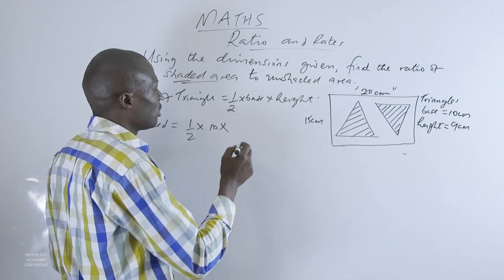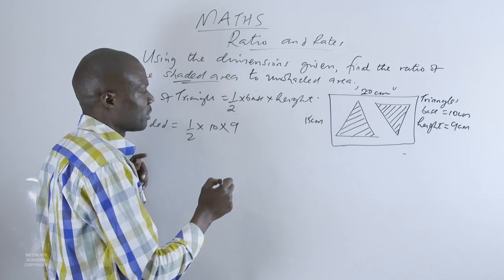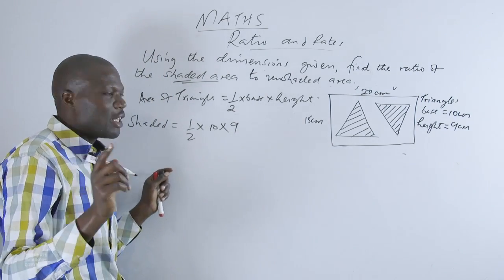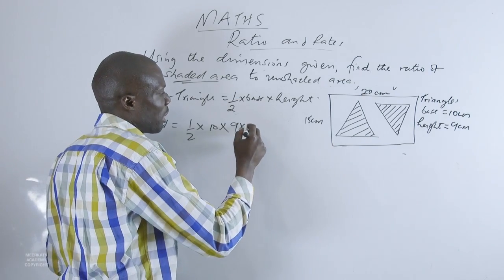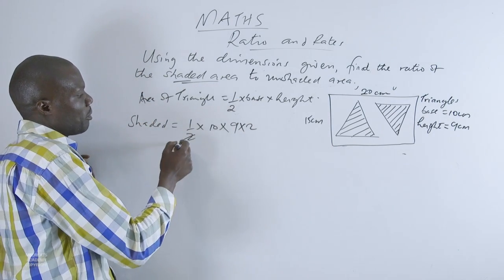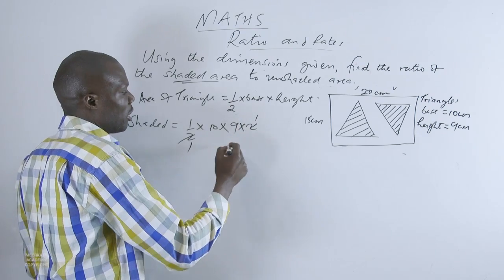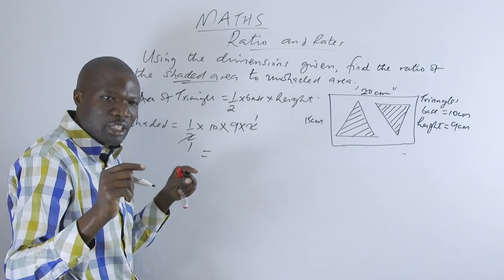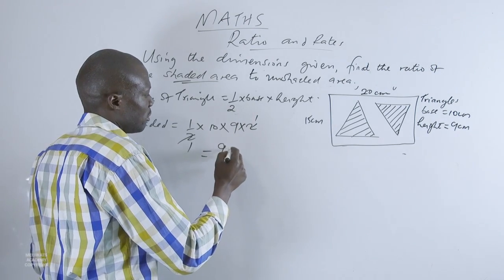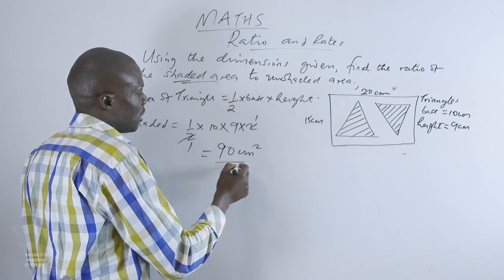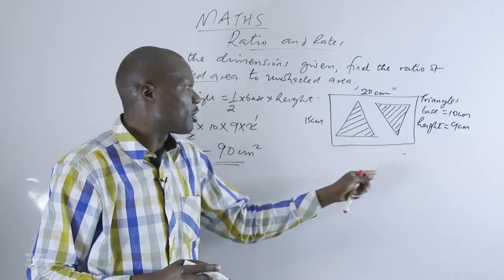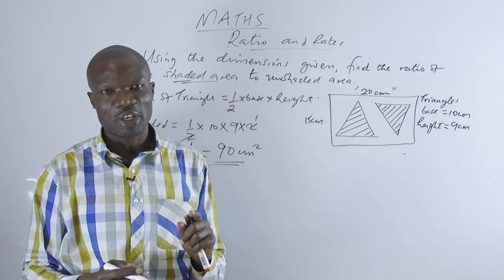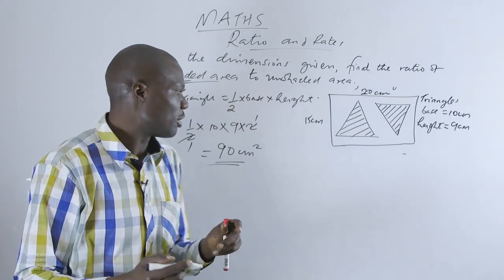Multiplied by the height, which is 9. This is for one triangle. How many triangles are here? 2. So we multiply by 2. When you simplify, you'll get the area of the shaded region, 90 square centimeters.